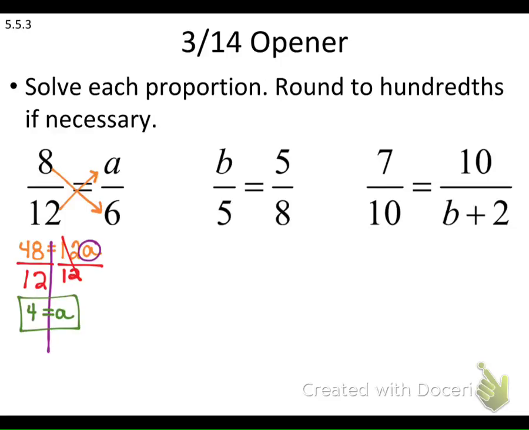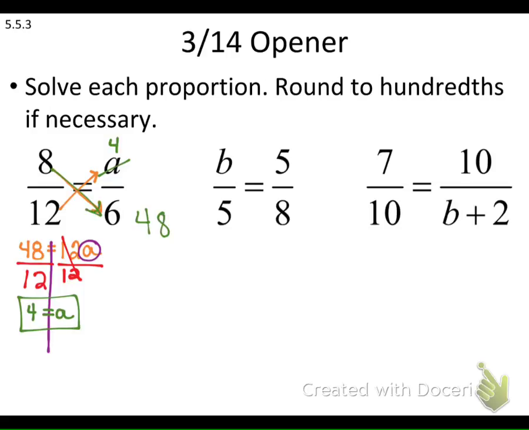Wonderful. Now, if I would substitute this 4 for this A, would I find that these two ratios are proportional? Yeah. So if I would substitute that 4 for the A, remember, I'd go ahead and still cross multiply. 8 times 6 is, as you guys told me, 48.